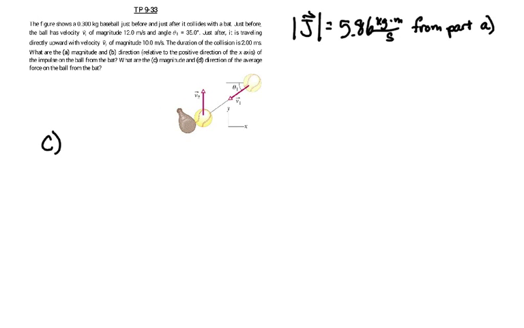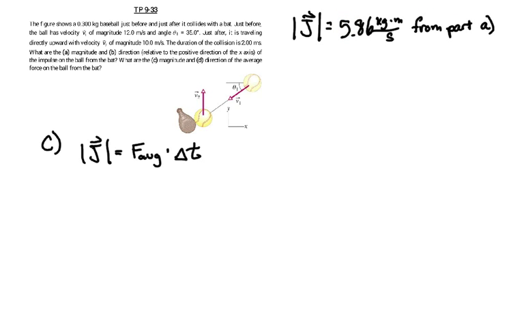So for part C, we get to find the average force on the bat. So we have the magnitude of our impulse is equal to the average force times the change in time, or the duration of our collision. Well, we have the magnitude of our impulse from part A, which I have up here in the top right.